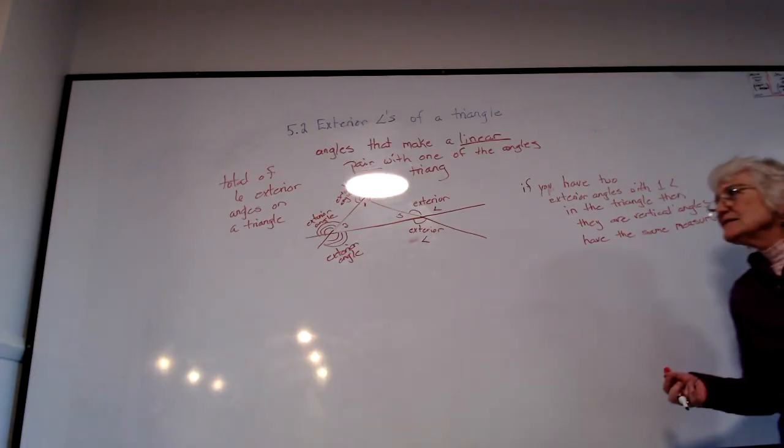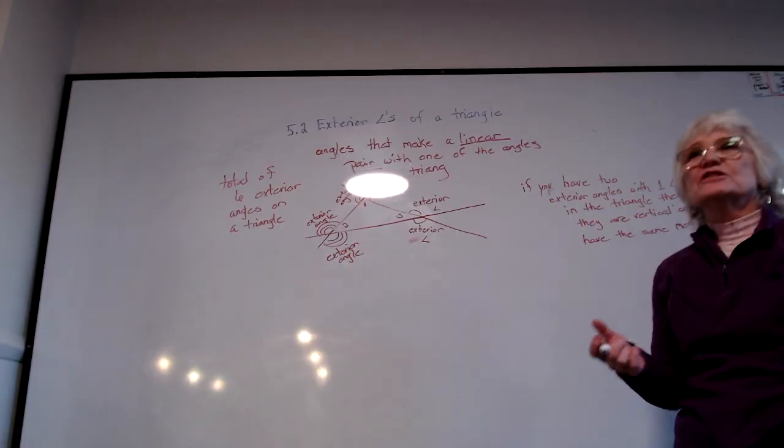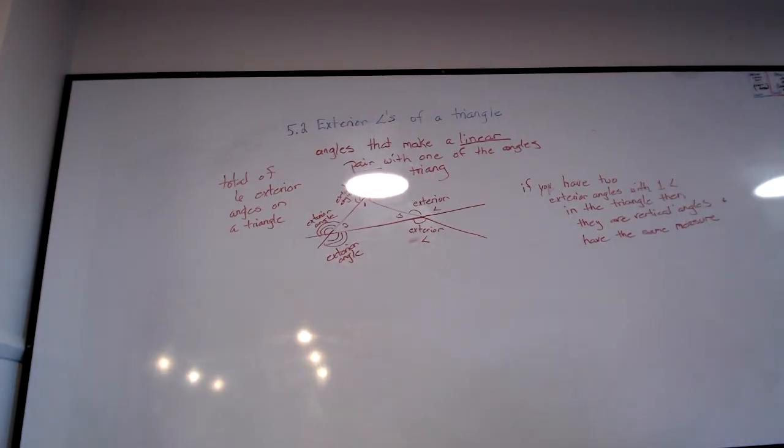Can anybody look at the definition of exterior angles and tell me if I know anything about the interior angle and the exterior angle that's together, what they might equal? Wait, did you want the definition?